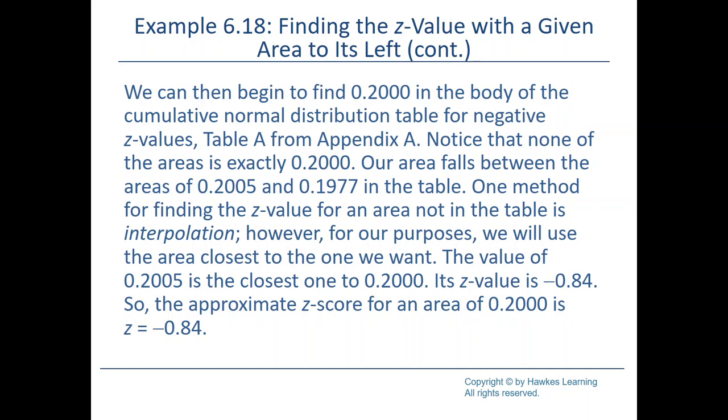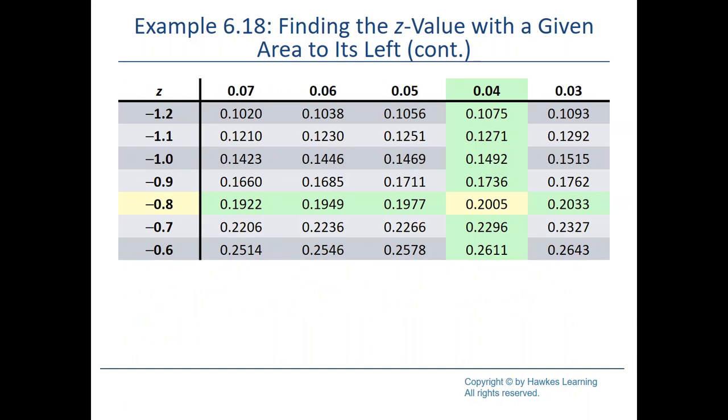You'll get close, but you're not going to find the exact one. So really you're basically going to be approximating. Let's take a peek at this table, okay? This is the closest I can get to it here. So I'm going to have to say it's approximately a negative 0.84.